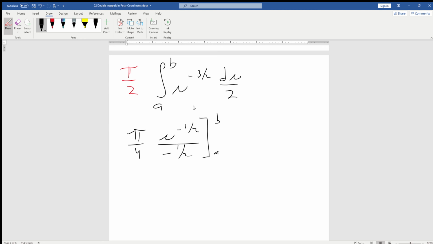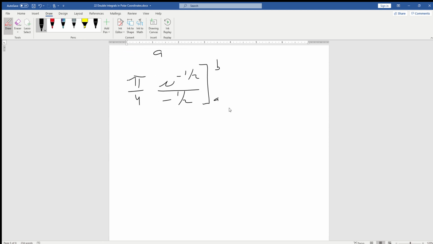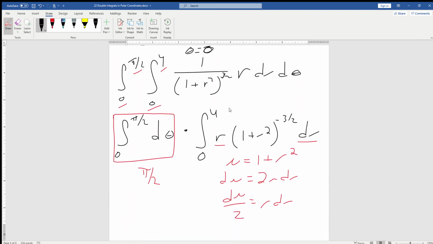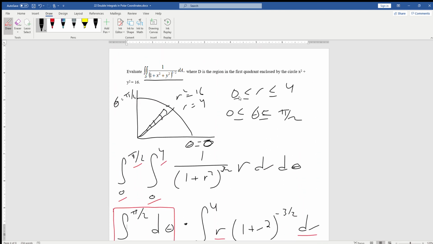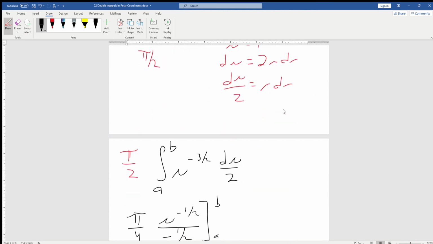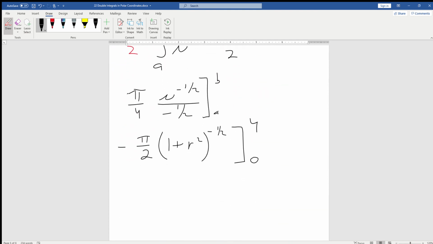We're going to flip the denominator, so this just becomes the opposite of pi halves by dividing by the negative 1/2. I'm going to back substitute for r, so that's 1 plus r squared to the minus 1/2 power. And r, if you recall in the original problem, went from 0 to 4.